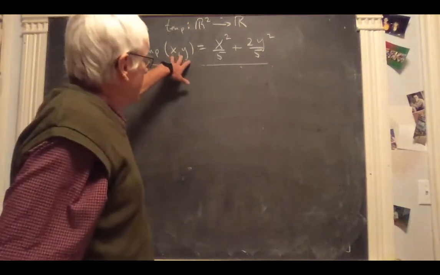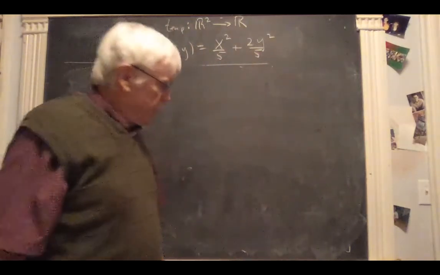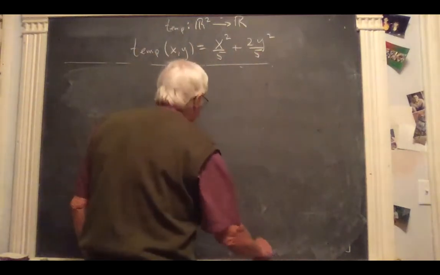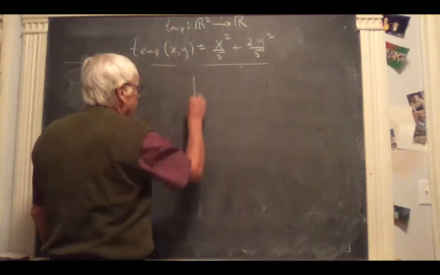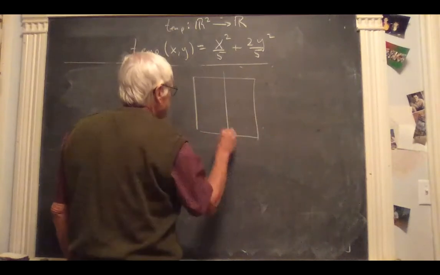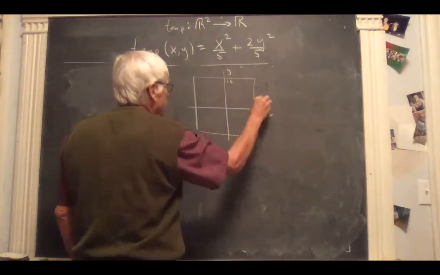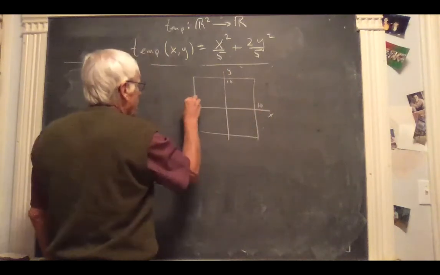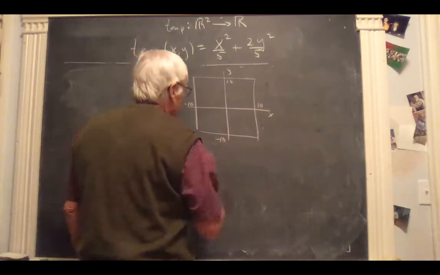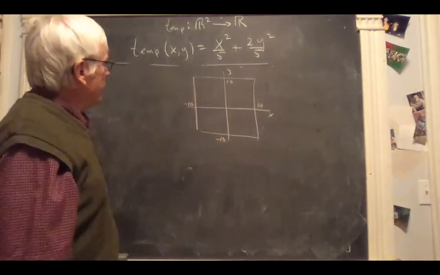The temperature at any given point is given by this equation. And in what I have, everything will lie in a square between -10 and 10. So we'll have the usual x and y axes. And all our temperatures will be from in this region right here.